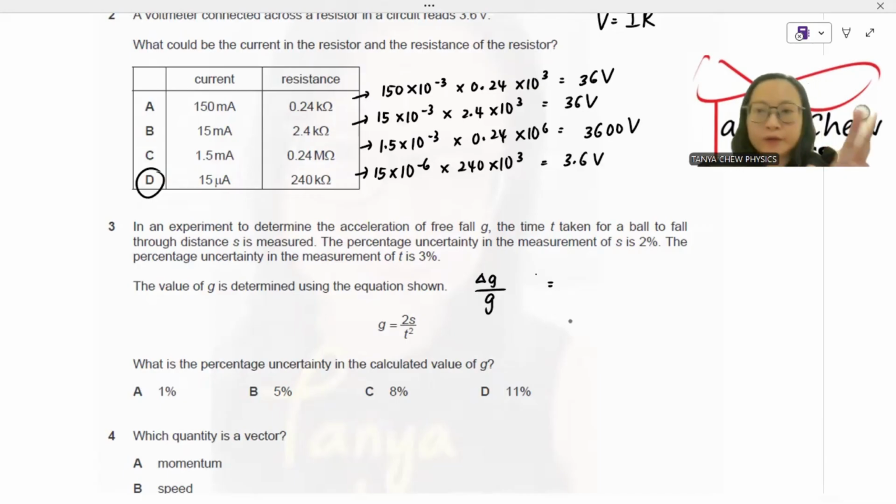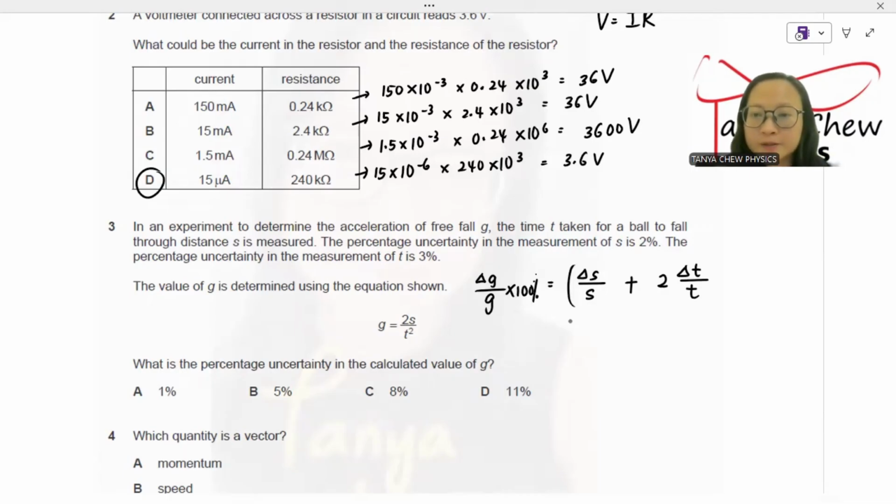2 is a number, there's no fractional uncertainty for 2, delta s over s plus t squared. For t squared, you take the power, which is 2, multiplies by the fractional uncertainty of t. Since we have already formed the equation involving fractional uncertainty, to find the percentage uncertainty, you just times 100.